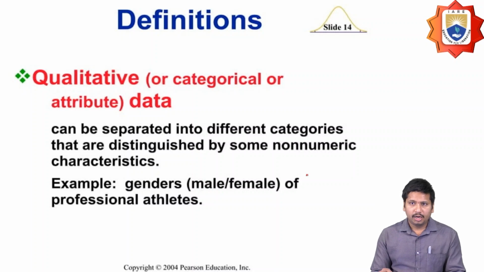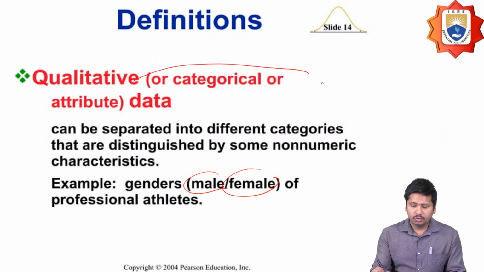Example, gender: male or female, there should not be any kind of measurements here. So the qualitative data does not have any measurements, and that data will be treated as qualitative data.